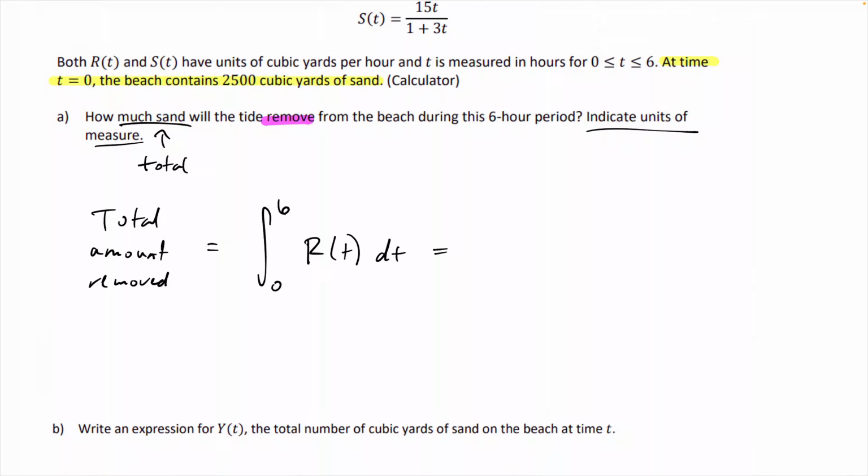0 to 6. That is 2 plus 5 sine 4 pi x divided by 25.